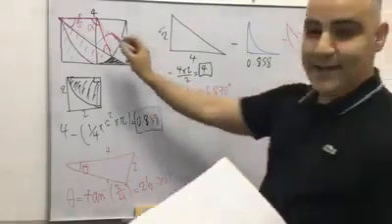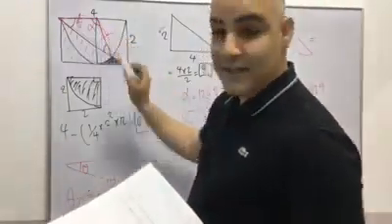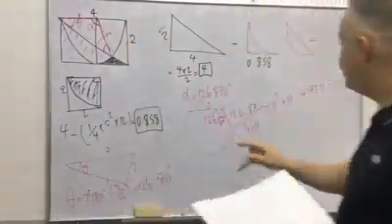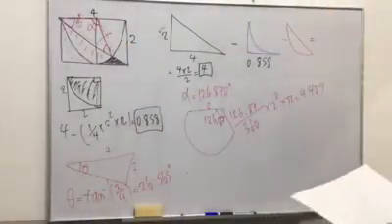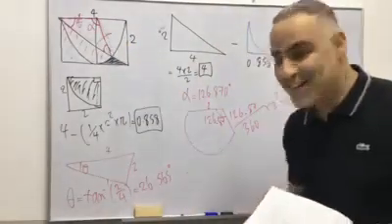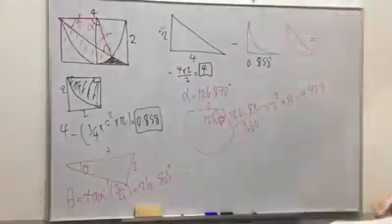Now, I need to find the area of the isosceles triangle and subtract it from this sector. I get the part that I need to answer the question.